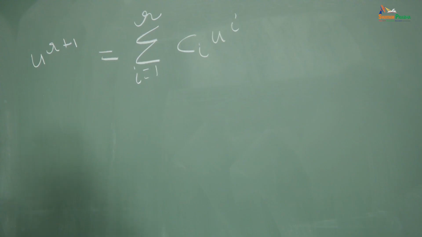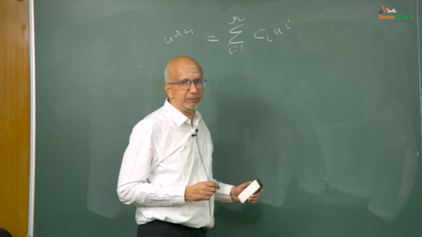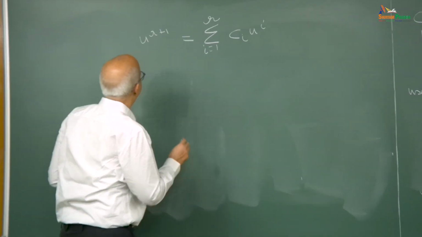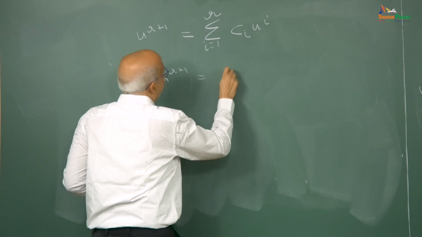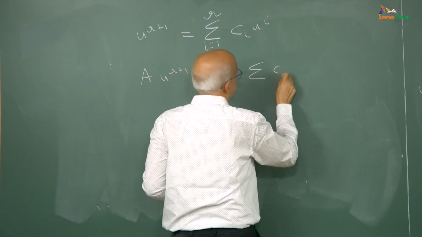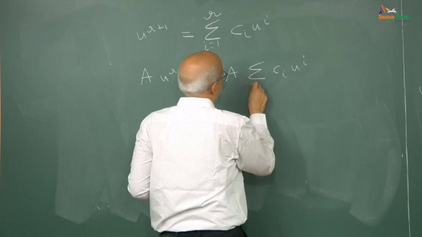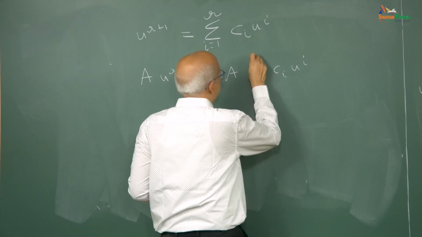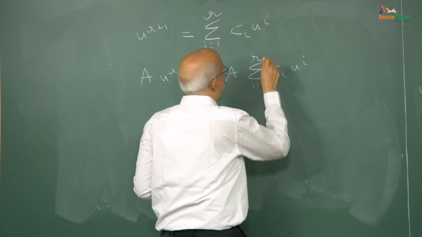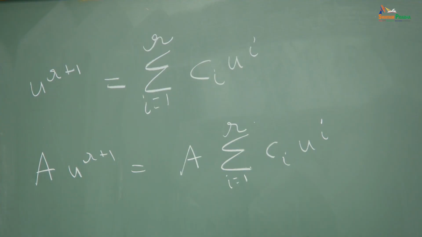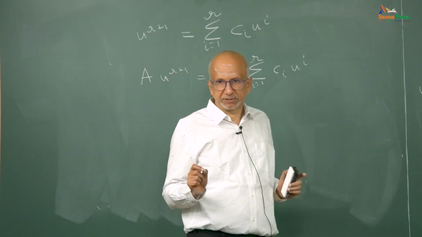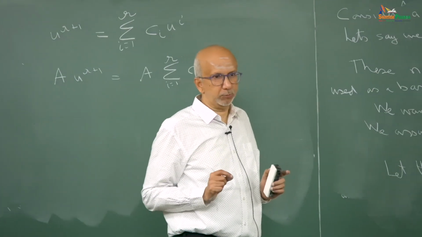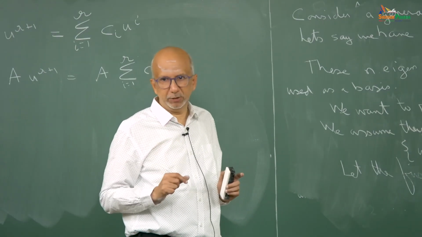Yeah. So, I am going to operate on both sides by A. Okay. So, A ur plus 1 equals A sigma Ci ui, i equals 1 through r. And all the u's, remember, are eigenvectors. So, what is A ur plus 1? It is lambda r plus 1 ur plus 1 by definition.